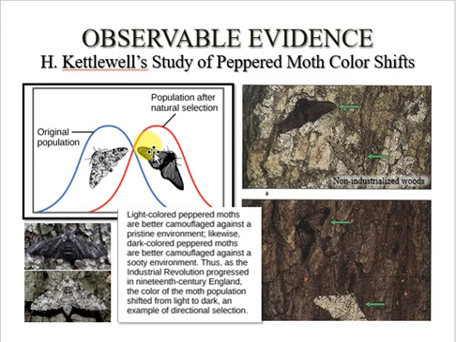Now, during the Industrial Revolution, soot and other industrial waste darkened the tree trunks, and they started killing off lichen. Lichen is kind of a precursor to moss, and it's that white, spongy looking material that grows on the outside of tree bark.